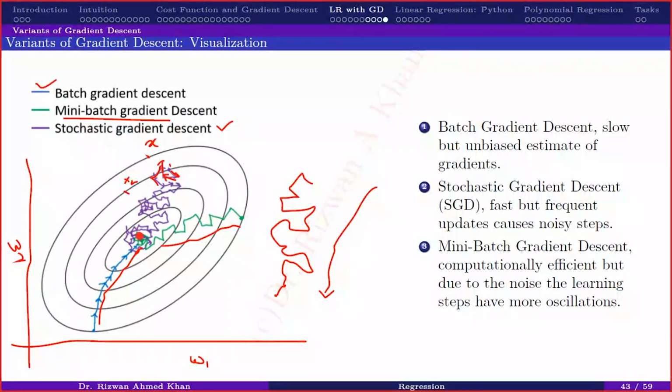So it doesn't wait for the whole data set to update, nor does it update after every example, but it makes strata or different layers. Like what we did for k-fold cross validation, where we divided the same training data or validation data into different k-folds. So here again, the data set is divided into different portions, and after each portion is run, the algorithm updates the weight parameters. So this is a trade-off between batch gradient descent and stochastic gradient descent, and it has properties of both.